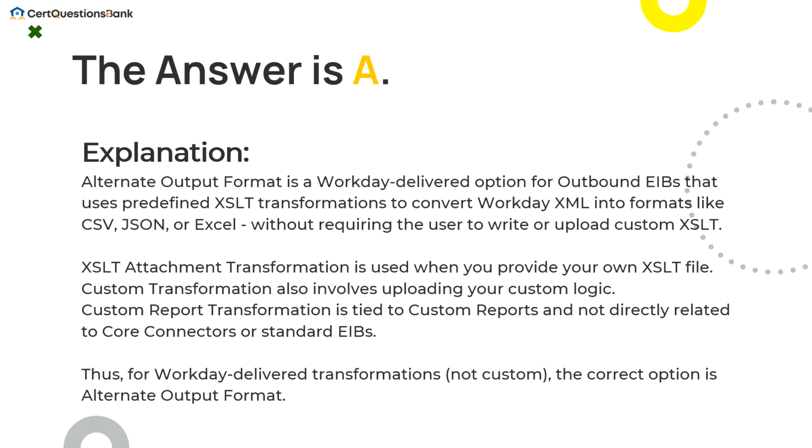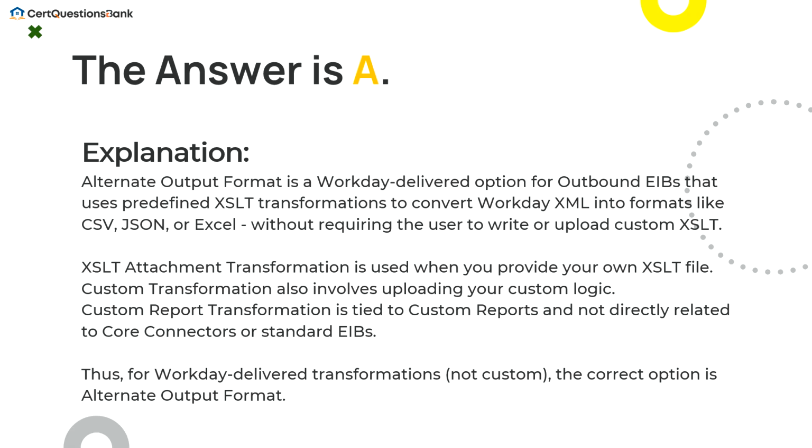Alternate output format is a Workday-delivered option for outbound EIBs that uses predefined XSLT transformations to convert Workday XML into formats like CSV, JSON, or Excel, without requiring the user to write or upload custom XSLT. XSLT attachment transformation is used when you provide your own XSLT file.